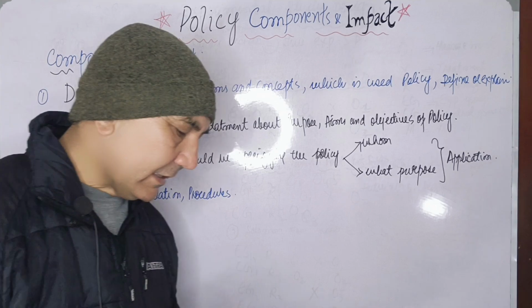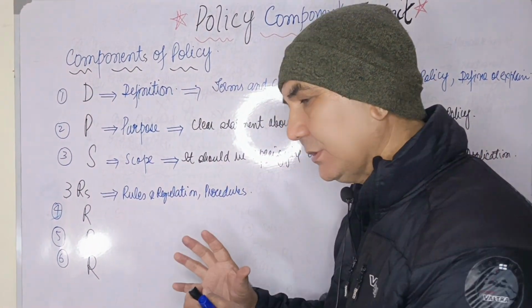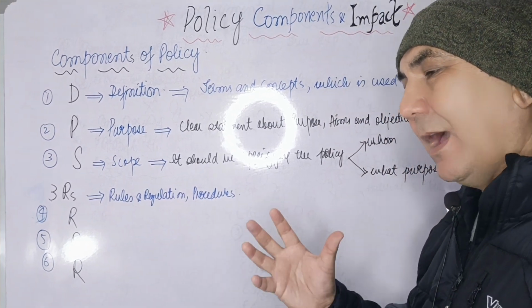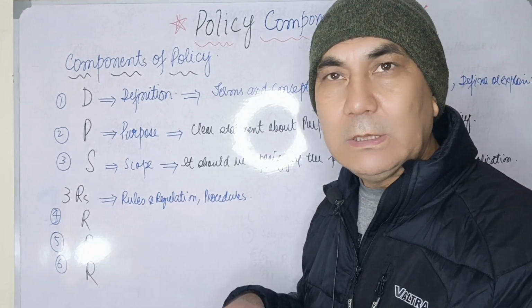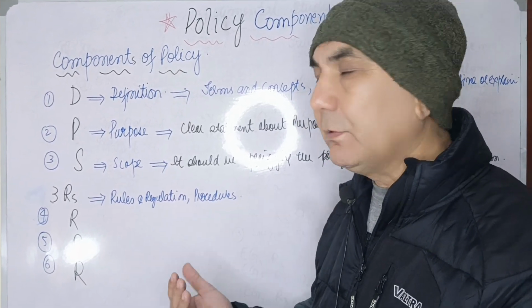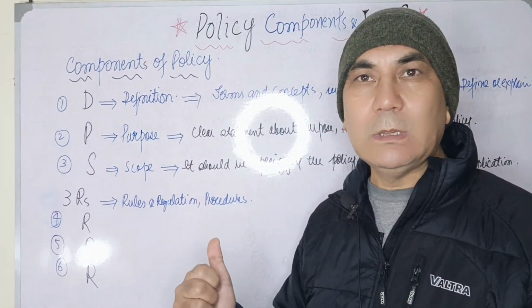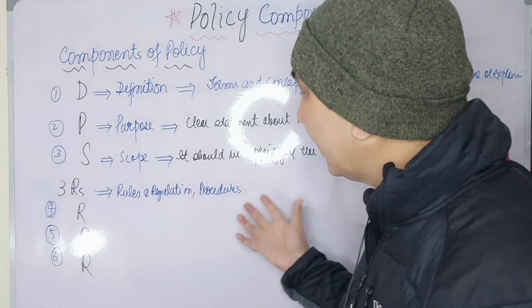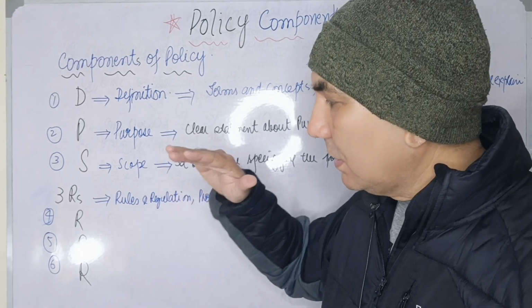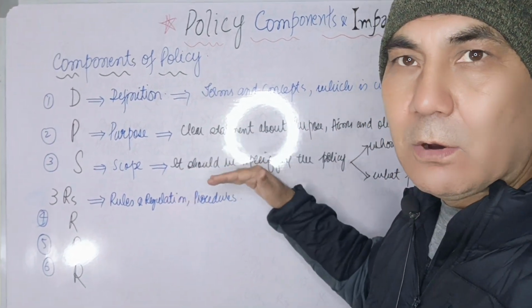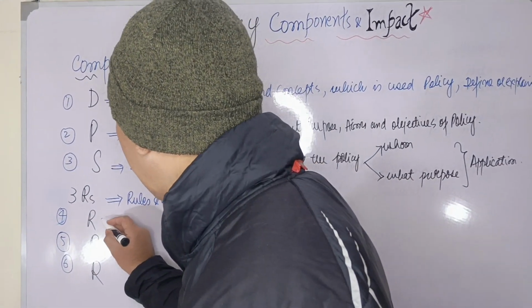When you make the policy, you should clearly define the rules and regulations, and by which type of procedure they will be applied for the individual level, the organization level, and the government level. So the rules, regulations, and procedure should be clearly defined or expressed within that particular type of policy.